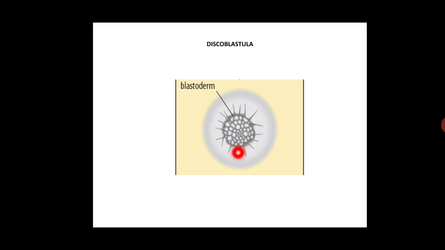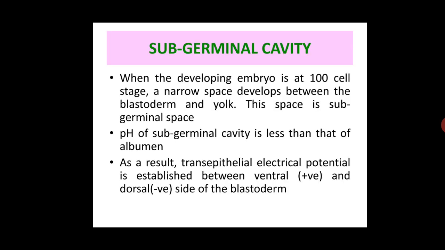The further cleavage extends blastoderm radially. When the developing embryo is at 100 cell stage, a narrow space develops between the blastoderm and yolk. This space is called subgerminal space.